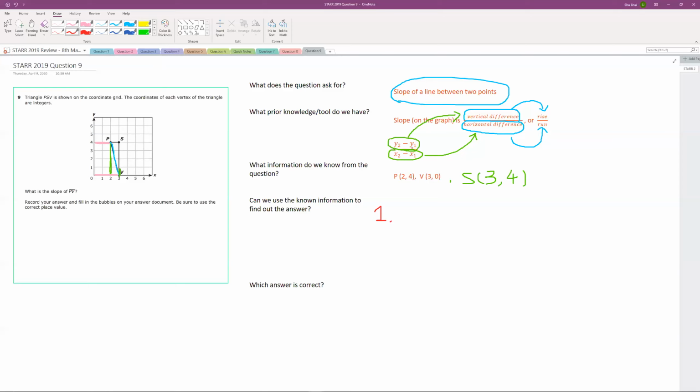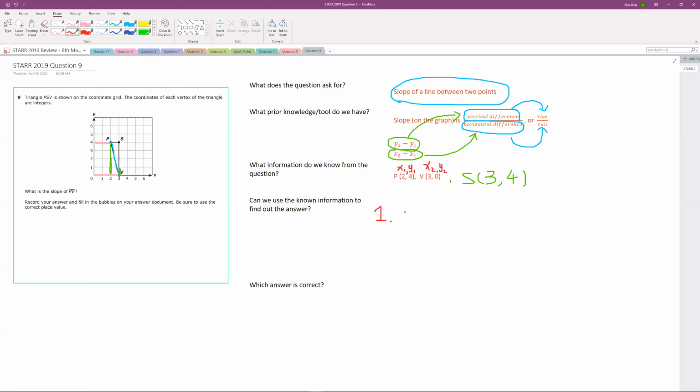So we need y2, y1, x2, and x1. P is the first point, V is the second point. This is the x of the first point, x1, and this is the y of the first point. And 3 is the x of the second point, the x2, and 0 is the y of the second point, the y2.